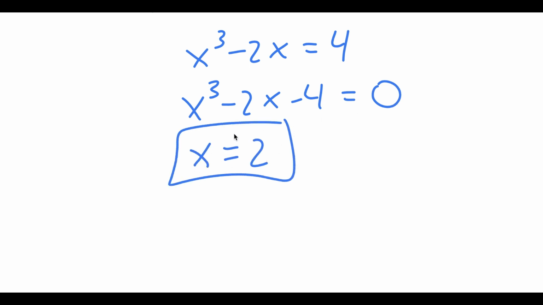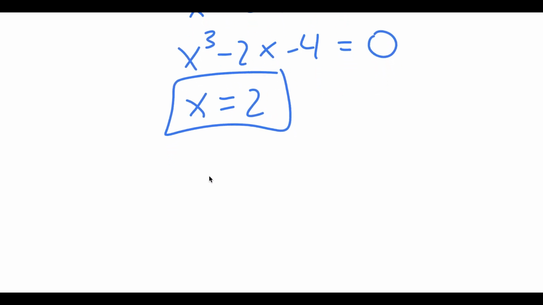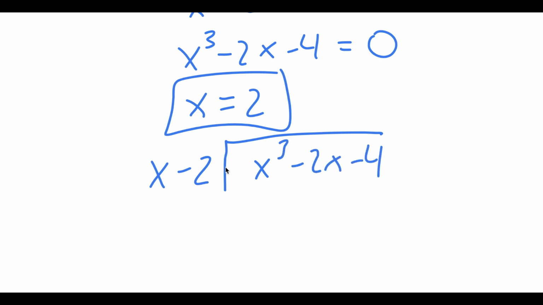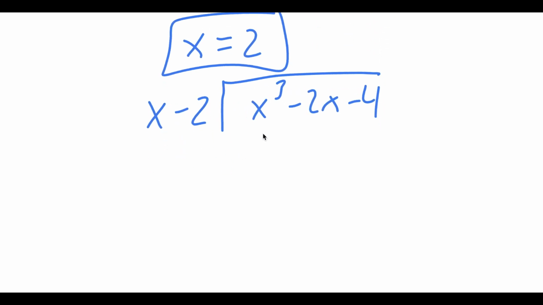And now using this solution, we can find the rest of the solutions by doing long division. x minus 2 equals 0 is a solution. So meaning we have to divide this by our original equation. So we have x to the power of 3 minus 2x minus 4 divided by x minus 2.